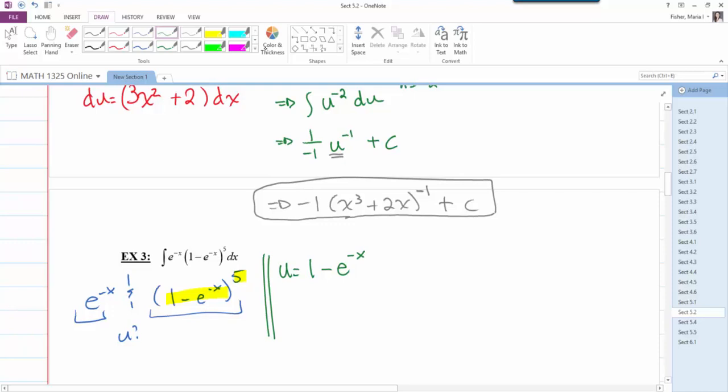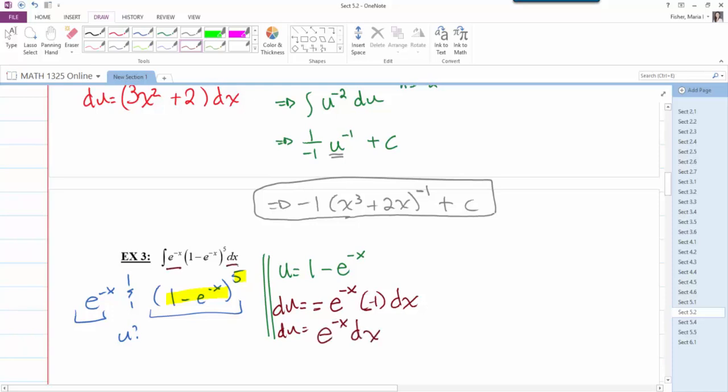So if u is equal to 1 minus e to the negative x, then du would equal, well, the derivative of 1 is 0, then negative, the derivative of e to the negative x is e to the negative x times the derivative of negative x, which is negative 1 dx. If we were to clean that up, well, a negative times a negative is a positive, so that's just e to the negative x dx.